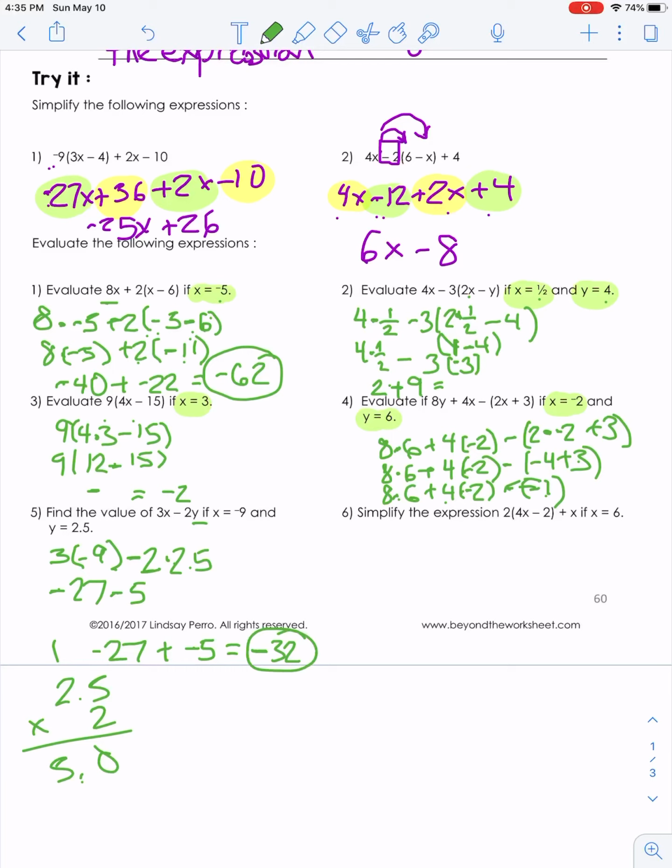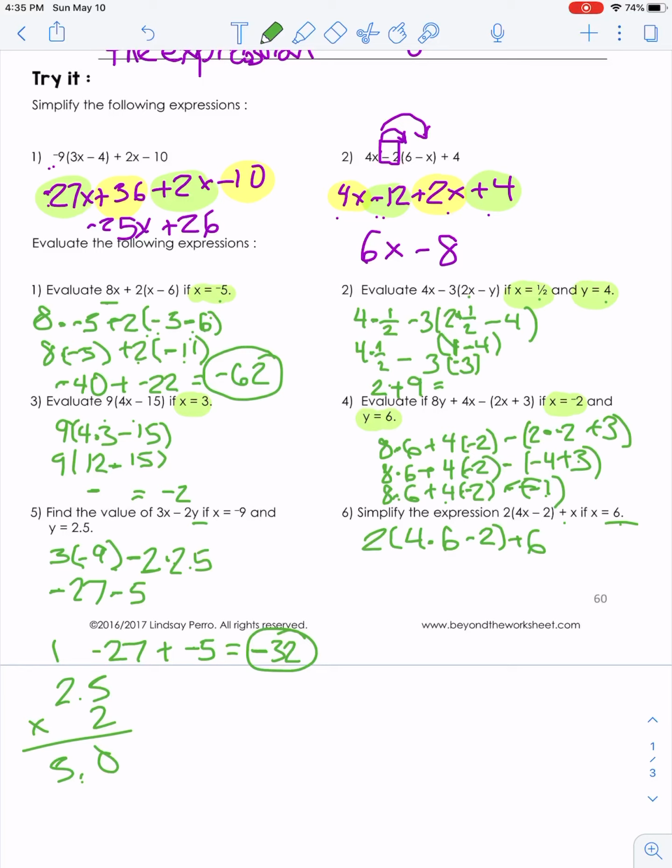And our last one says simplify the expression. So we get 2 times (4x minus 2) plus x if x equals 6. So what would be that simplified expression or evaluated expression if x equals 6? So we're going to take 2 times (4 times 6 minus 2) plus 6.